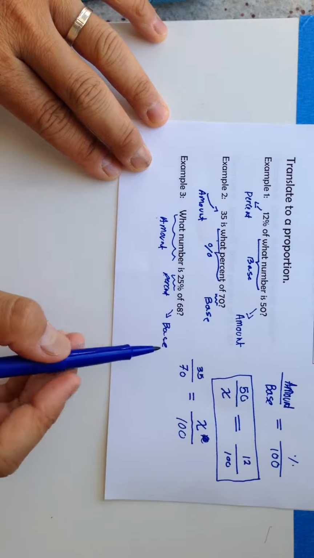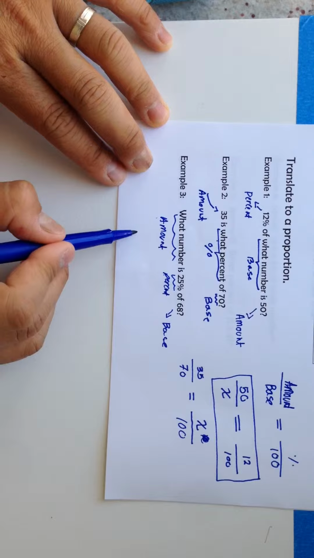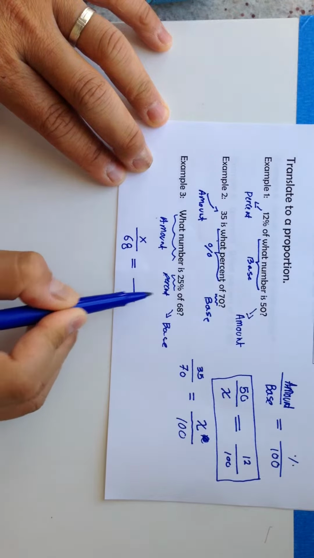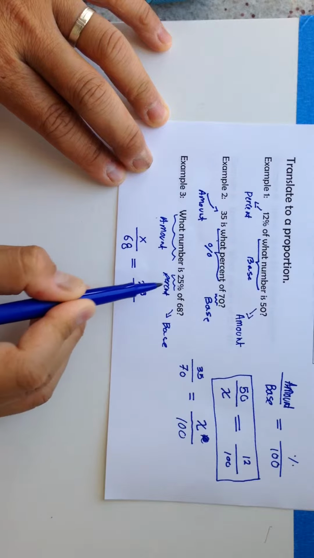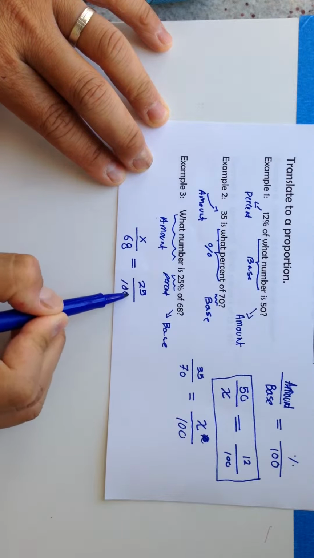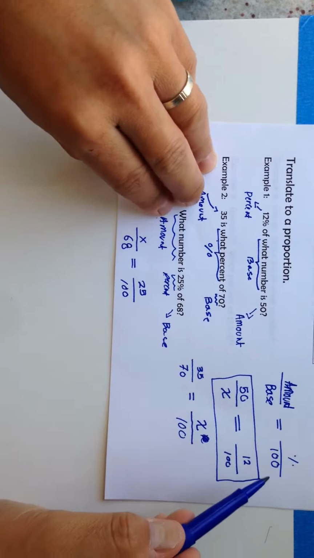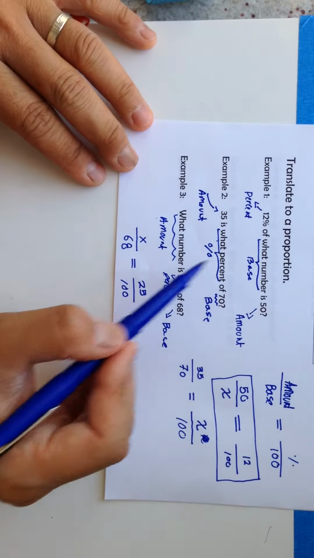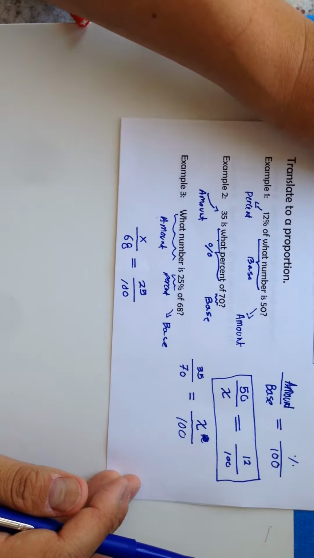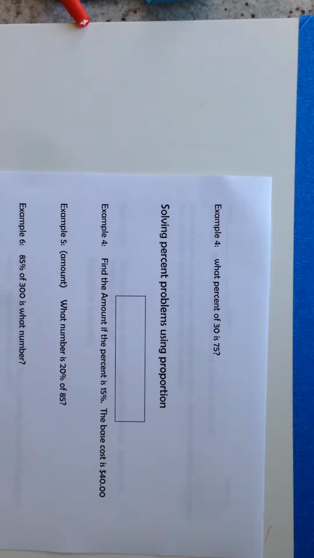All right, so amount over base equals percent over 100. The denominator is always 100. Those are the translations. Now, knowing how to translate is pretty important, because on the next page, I'm going to ask you to solve those proportions once you have translated.